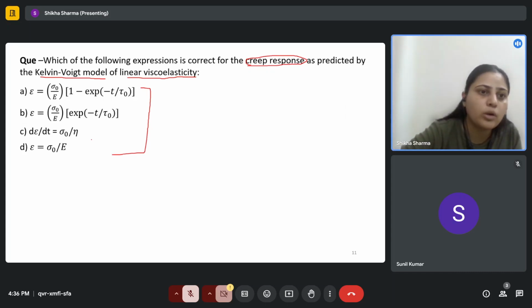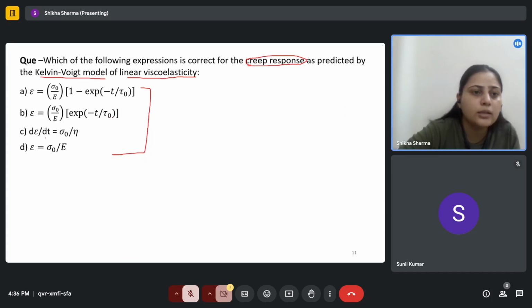Option A says strain is equal to constant stress divided by the modulus, multiplied by 1 minus exponential of minus t divided by the relaxation time, tau_0. Option B says strain is equal to stress divided by modulus multiplied by exponential of minus t by tau_0, the relaxation time.